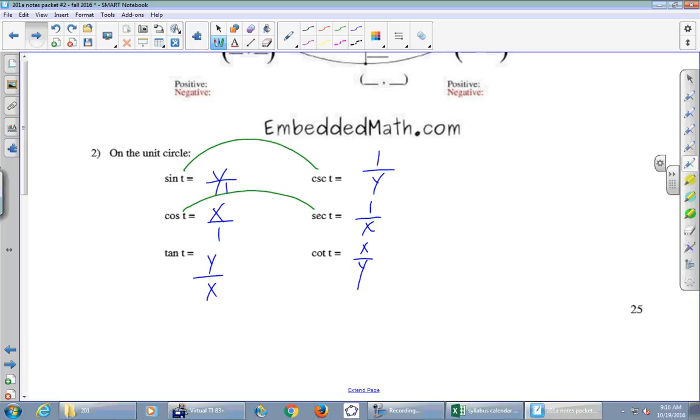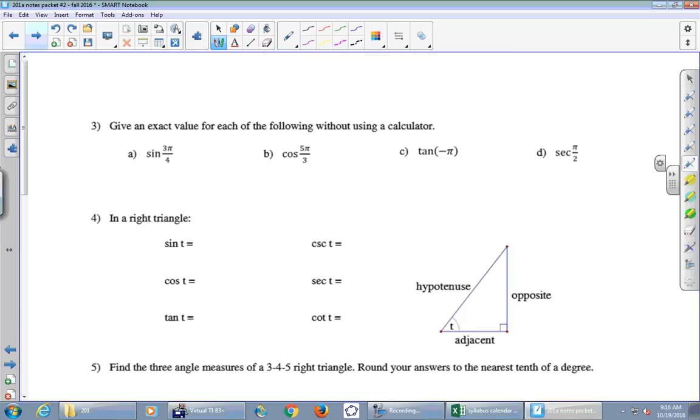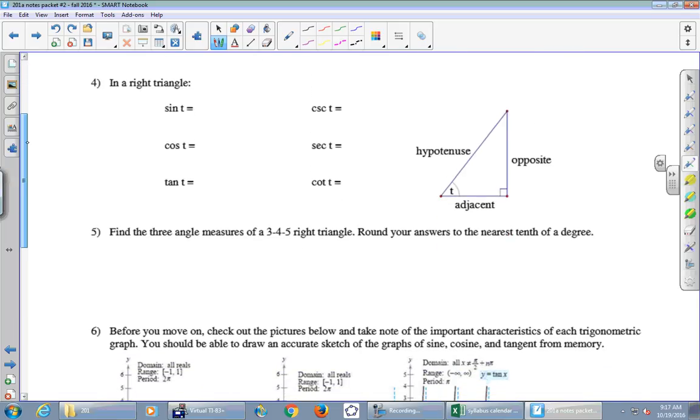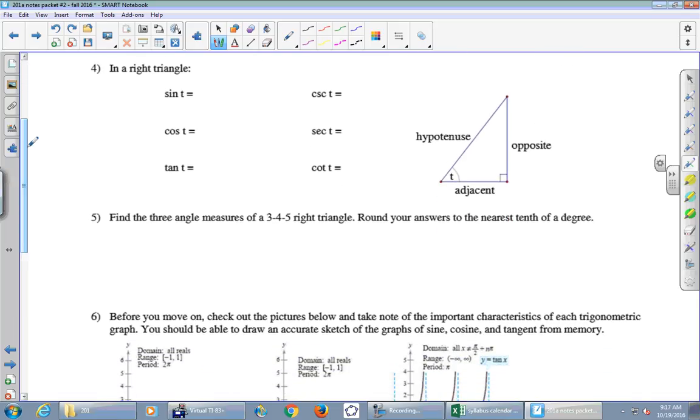Okay, on the next page, those are interesting questions. Down here, number 4 is the boring one. We'll do it together real quick. In a right triangle, using opposites, adjacents, and hypotenuses, sine of t is opposite over hypotenuse. I don't know if you guys remember this sort of made-up acronym, SOHCAHTOA, which is great as long as you know how to spell that word, but if you don't, then yeah.